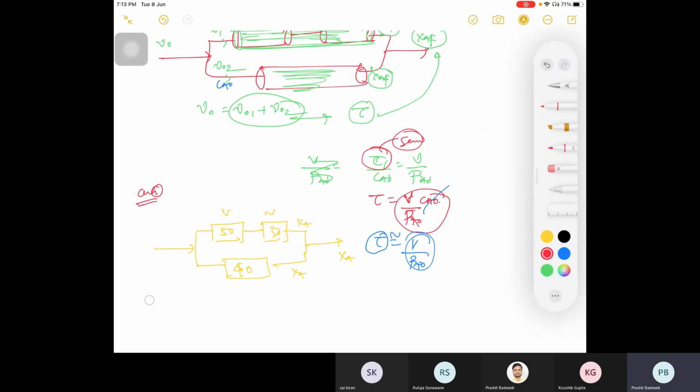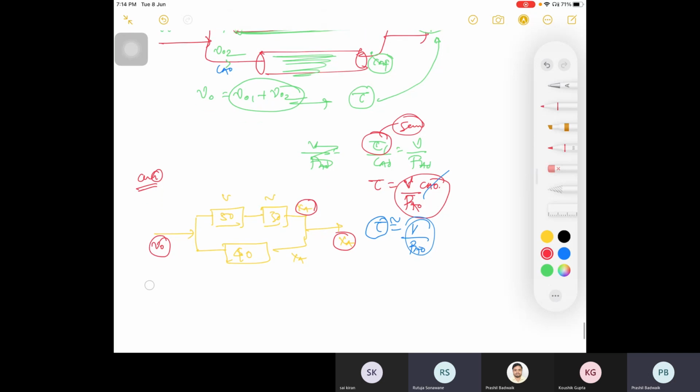So how should I divide my flow rate, this v naught here, such that you will get the same conversion? What do I need to do for that? How should I divide this flow rate? For the first stream, flow rate should be half of the second stream.